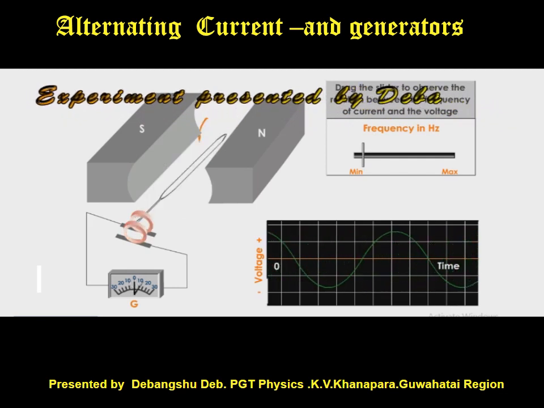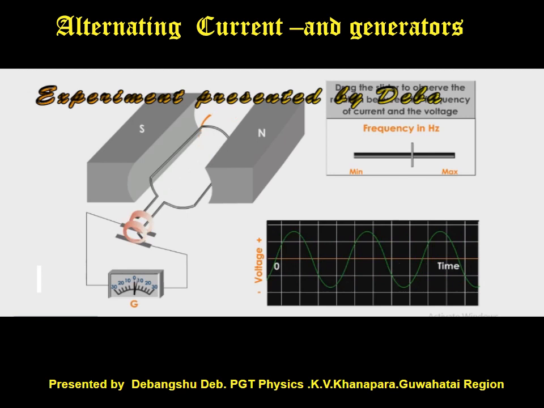Now here at first I am showing you some armature being rotated in between two pole pieces. Now let us see what happens when the frequency of rotation, that is the angular velocity, has been increased. So when the velocity increases, what happens?